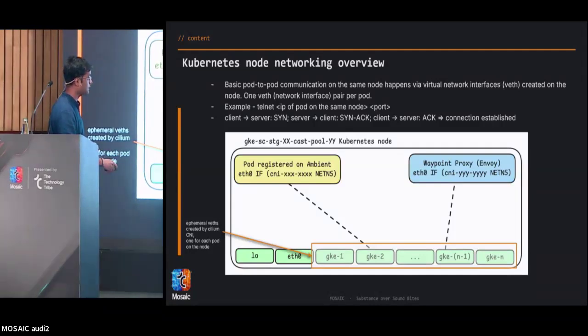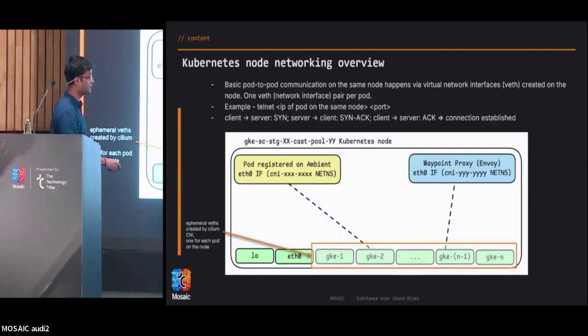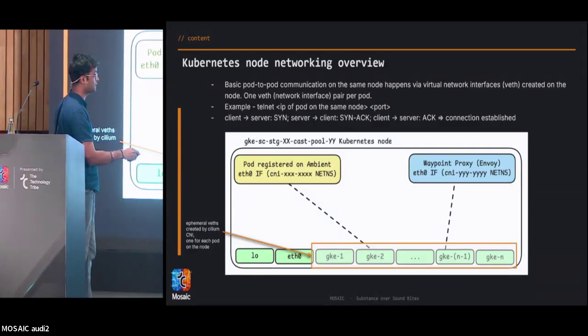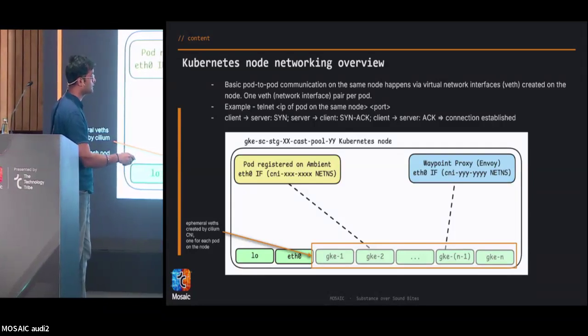So for a packet coming here, the CNI does the heavy lifting of identifying the MAC address of the destination. It will jump from here to here, because this is again a network interface pair, and once a packet ends up here, it will end up on the destination pod. And then the destination pod, if it wants to send a packet back to the caller or client pod on the same node, will just traverse the path exactly backwards.